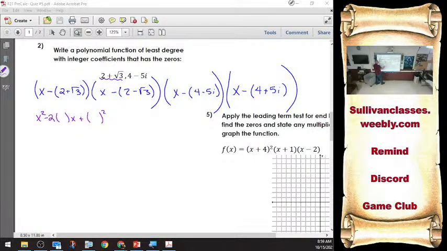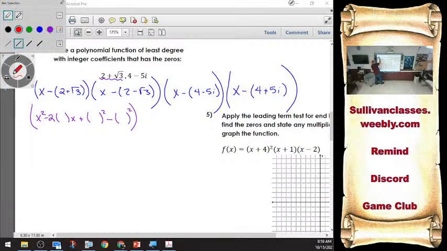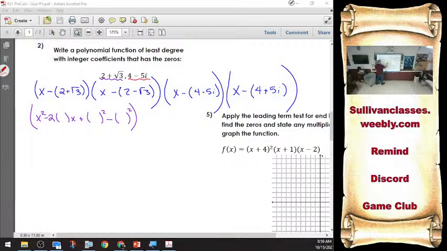Now for this one, is it plus or minus between the a squared and the b squared? Minus, because I won't have that i squared to change my signs. Or for this one, it's x squared minus 2ax plus a squared plus b squared.